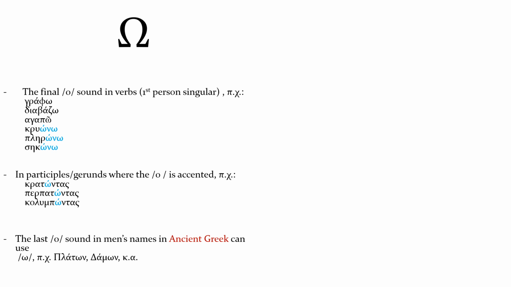Your next tip is also one that pertains to names. We mentioned names in modern Greek. When the last O sound in men's names in ancient Greek is heard, we use the omega. Platon is Plato. Damon is Damon. And many of these are on names.